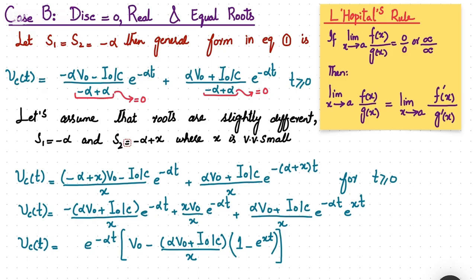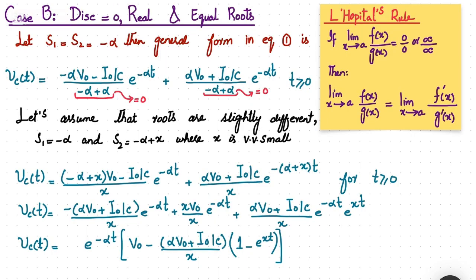And we can write this equation as, we can open this minus alpha plus x and multiply this term with v naught. When we multiply it with v naught, we can separate out minus alpha v naught minus I naught over c, and this term which is x v naught, we can write it separately. So it would be x v naught over x into e raised to power minus alpha t. Similarly, this term, e raised to power minus alpha plus x into t, can be written as e raised to power minus alpha t into e raised to power xt.